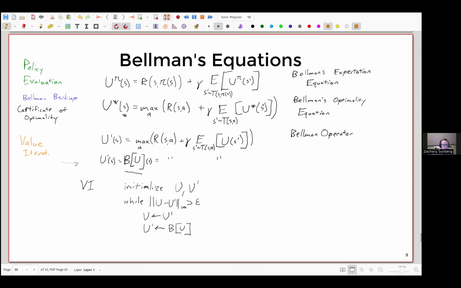Okay, but in the homework, I'm suggesting for you to guess, just based on your intuition, what a good policy is. And then step one on the homework will be to calculate the value for that. So you'll use the matrix form of Bellman's expectation equation. And then two, check for all states whether that satisfies Bellman's optimality equation. And then you've proven that you found the optimal value, optimal utility, and therefore you have an optimal policy.